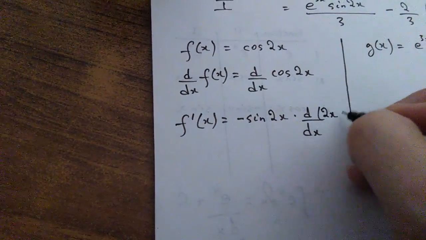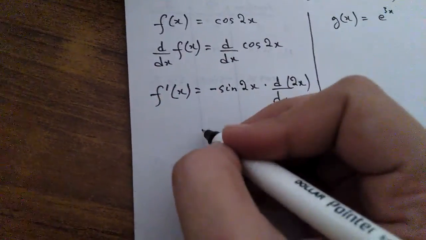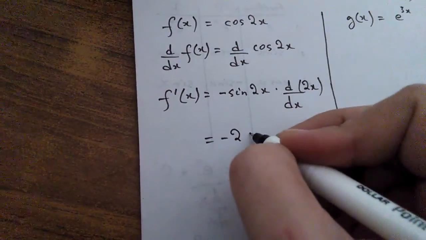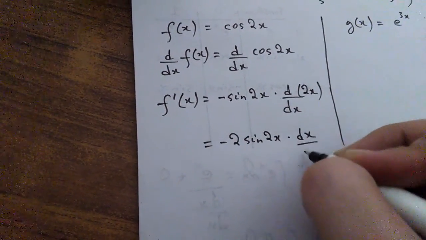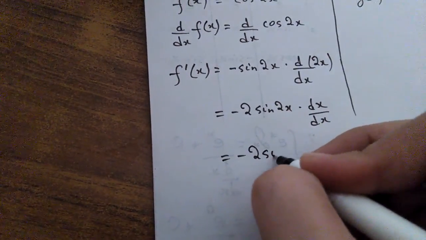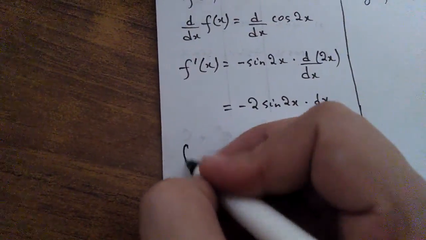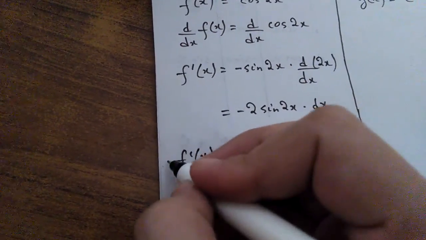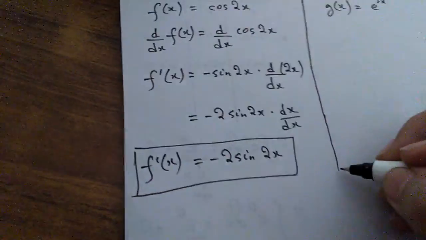It's going to be 2x, so the coefficient is going to be written outside the derivative. If I simply write it along with the sine 2x, it is convenient. And dx upon dx is left, and it is 1. So your f dash x this time is negative 2 sine of 2x. Okay, so this is your f dash x. Close it in a box, and there you go.